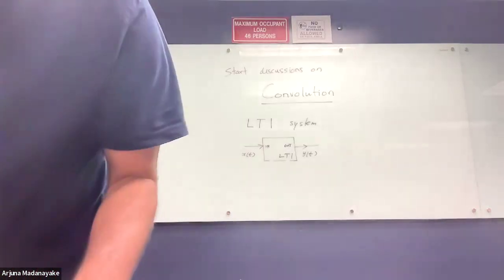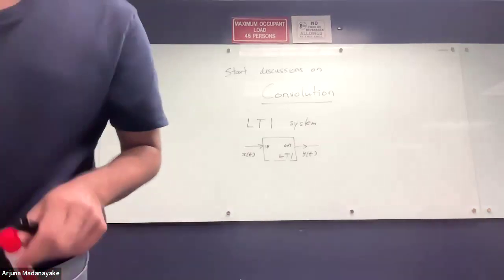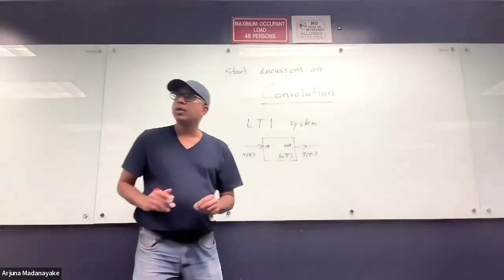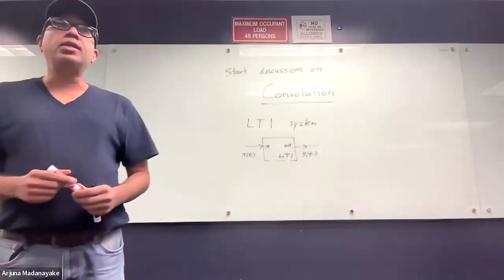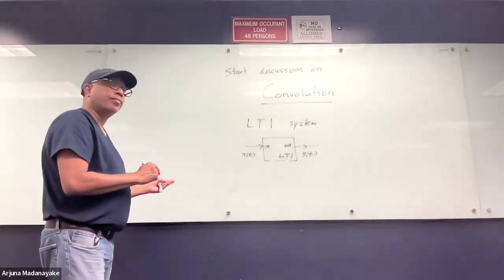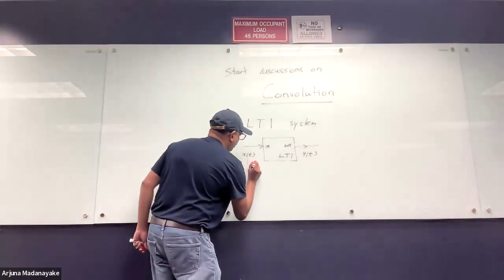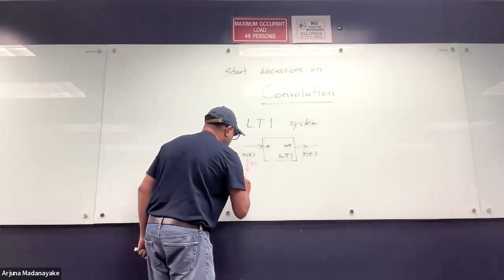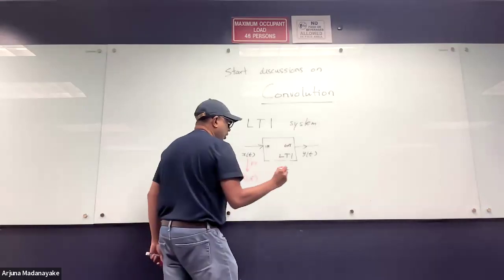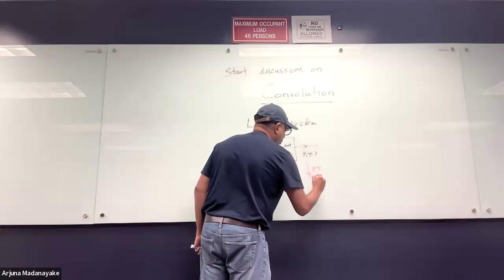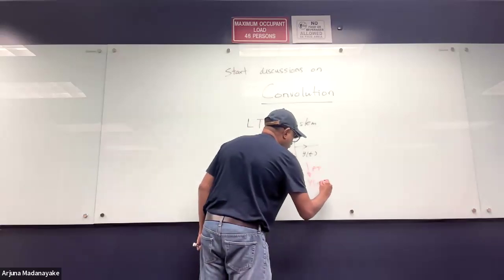We can visualize the input and output in terms of the time domain input waveform and output waveform. But we can also visualize it in terms of the frequency domain. We know that if we take the Fourier transform, we get capital X of f, and if we take the Fourier transform of the output side, we get capital Y of f.